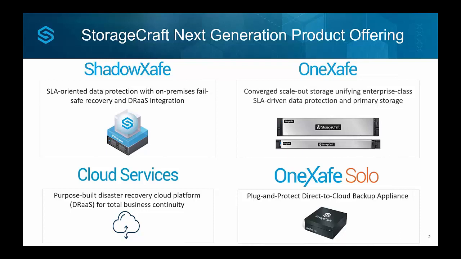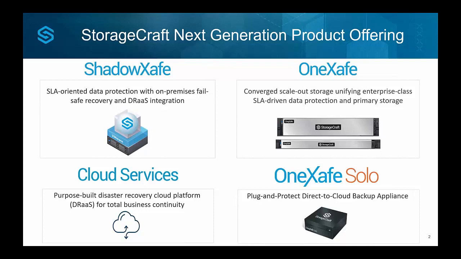You can create shares on here, and the idea is when you've got these really large file servers, rather than hosting them on your expensive SAN and then throwing a backup solution at it to try and back the stuff up, we can move that unstructured data onto the OneXafe. And the cool thing with the OneXafe is it's scale out. So we can add disks, we can keep adding nodes, and it just scales out that single pool of storage. So great for your unstructured data as well as your backup. That dual use case gives it the benefit.